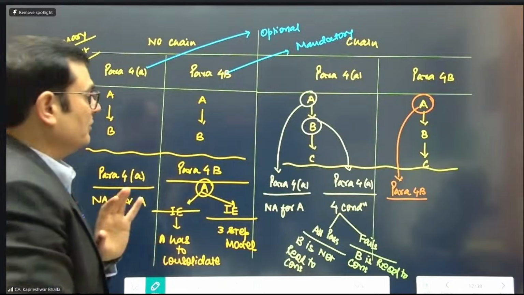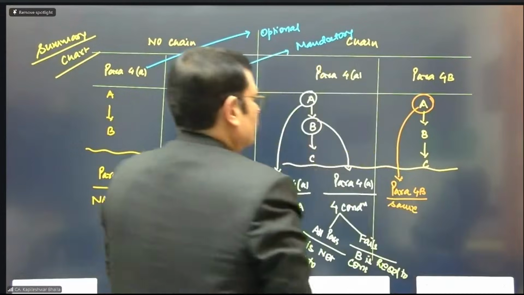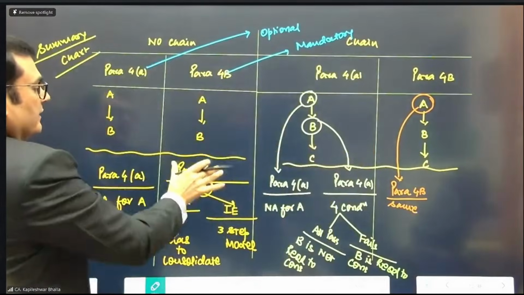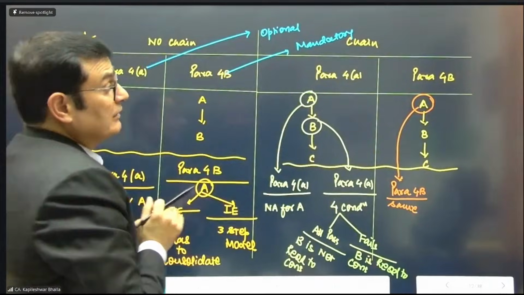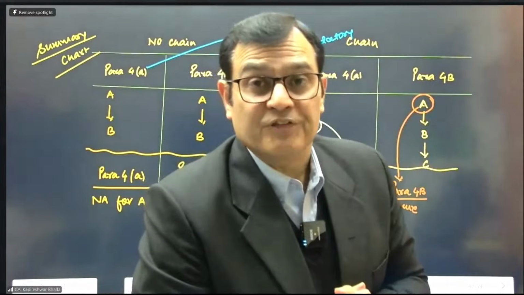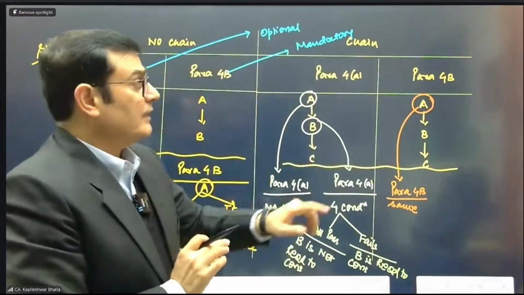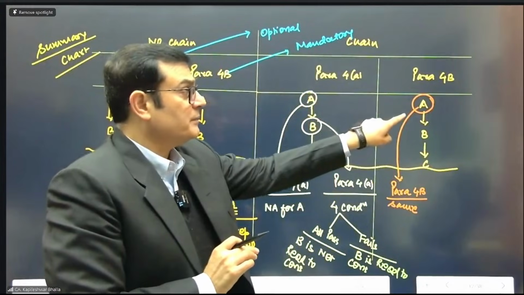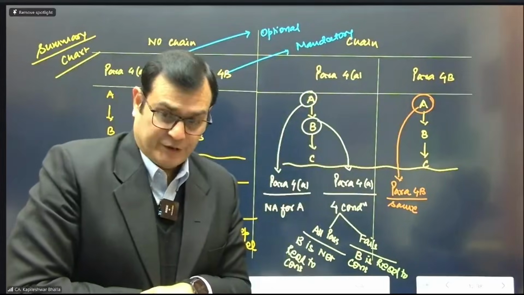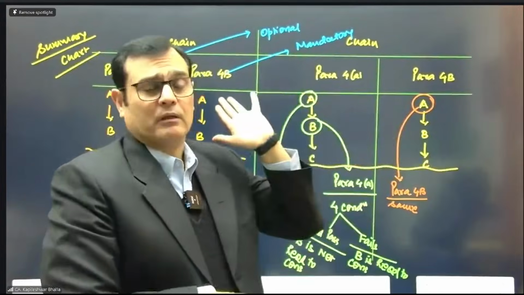So we can say it is exactly the same, which means if A is not an investment entity, will he consolidate? Yes. And if A is an investment entity, you apply your three-step model.